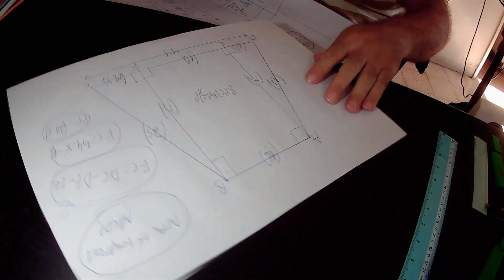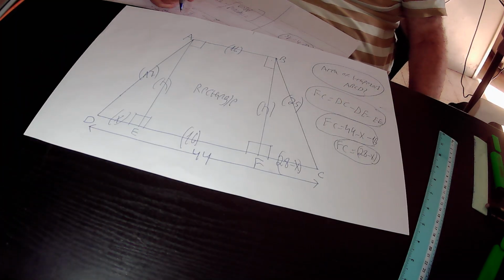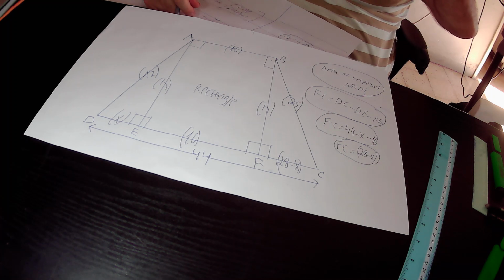Again, the area of this trapezoid ABCD is 450 square units. So we finished with the second question.